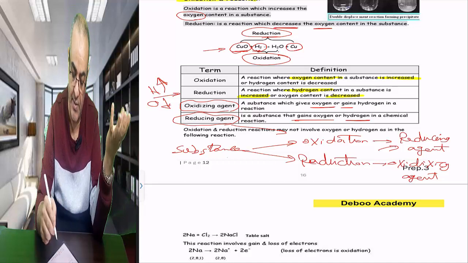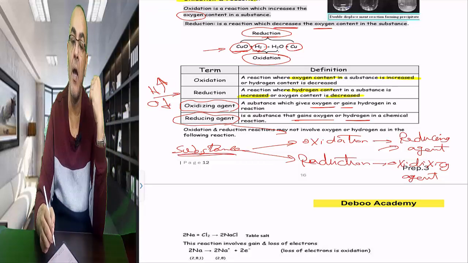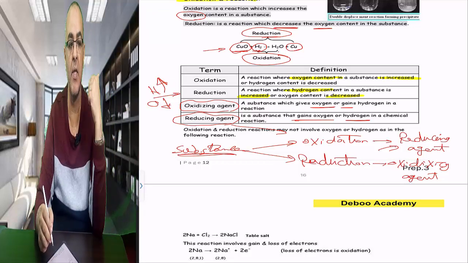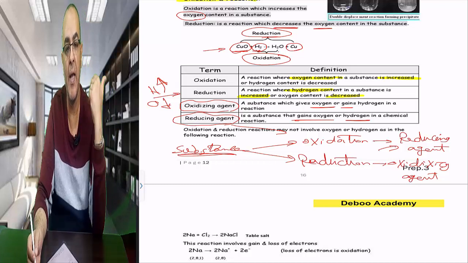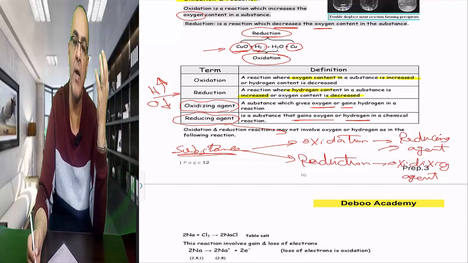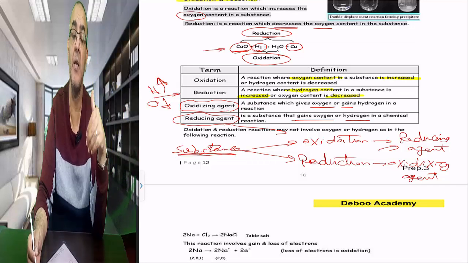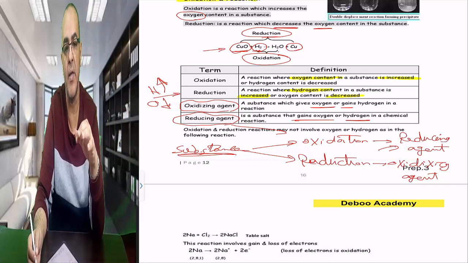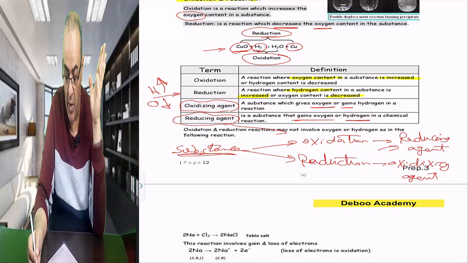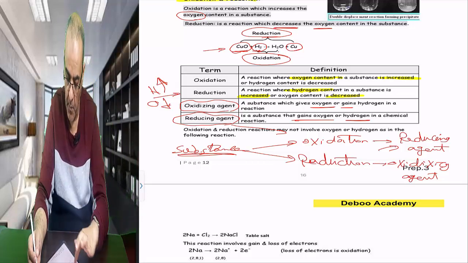When reduction happens to a substance, it becomes poor in oxygen and rich in hydrogen, so it is an oxidizing agent. It helps another substance to oxidize.